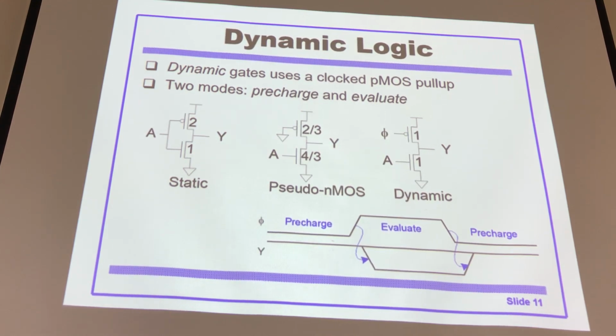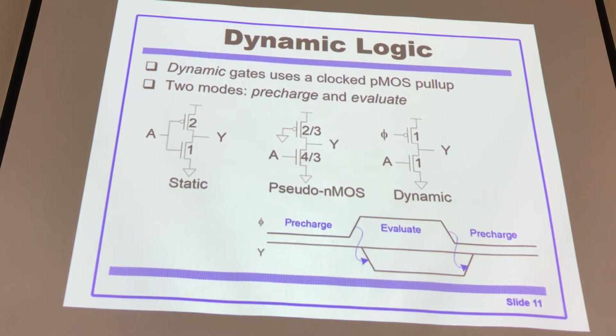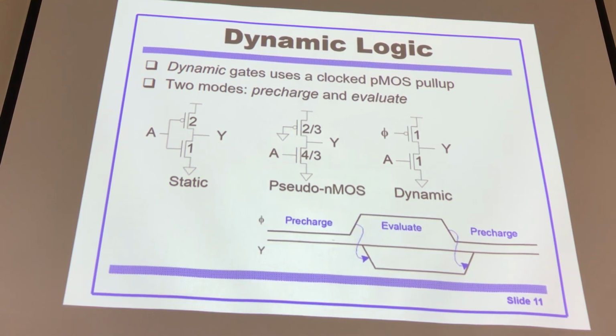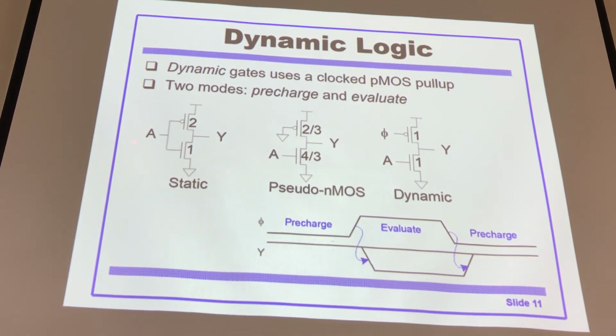Another family, dynamic logic. Dynamic logic is not steady state mode. It's dynamic, not steady. Dynamic gate uses a clocked PMOS pull-up. This is the steady state mode inverter, okay?